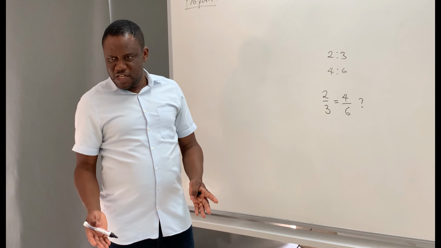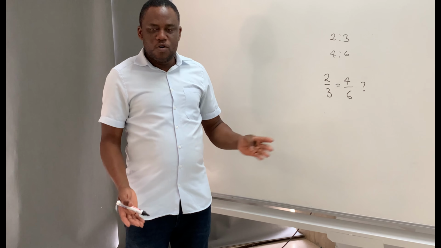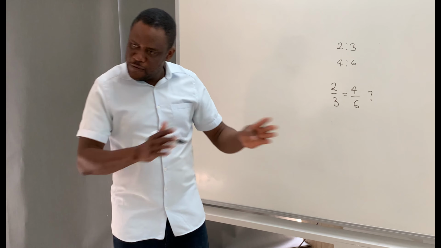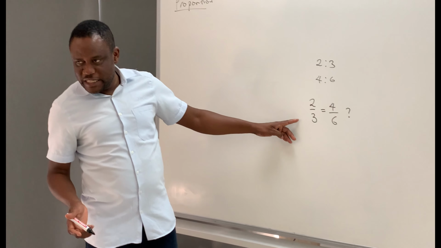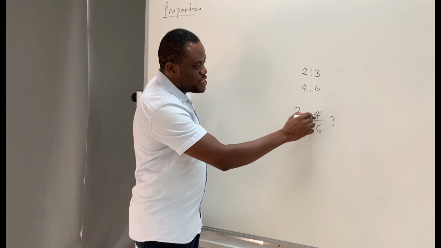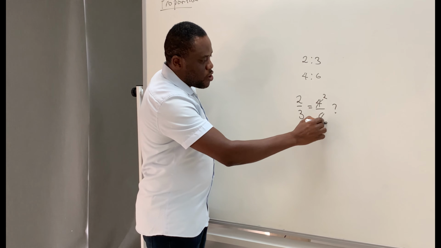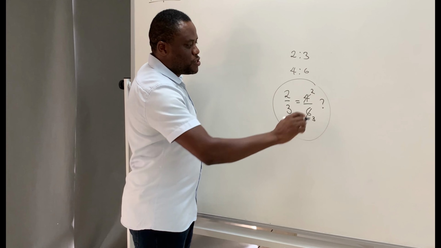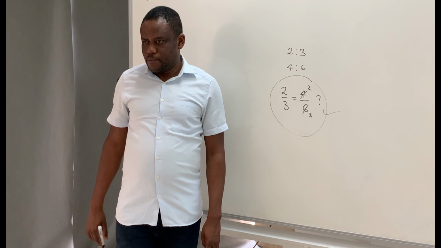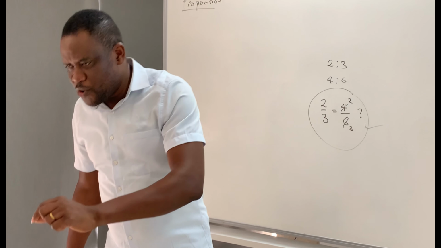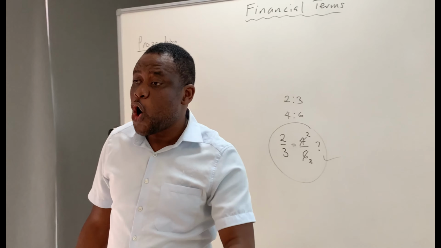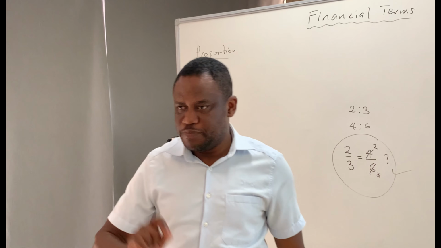Do you understand? So for us to know whether this is the same, we have to write whether it's true or it's false, right? And for this case, we can see that this is the same, because if we reduce this guy to the lowest term, we are going to get this guy. So which means it's the same.